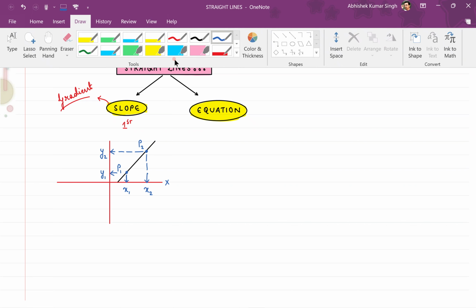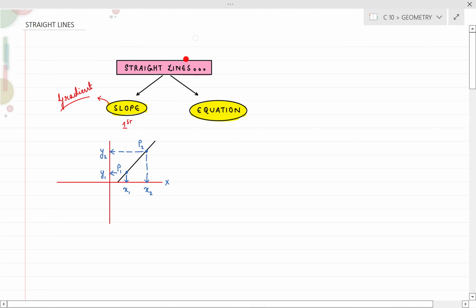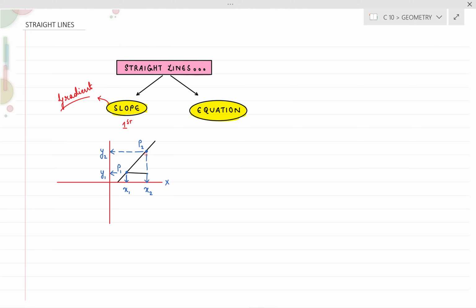Now if we join these two sections, as you can see, it forms a right angle triangle here.